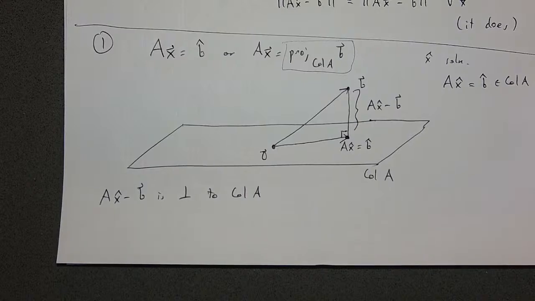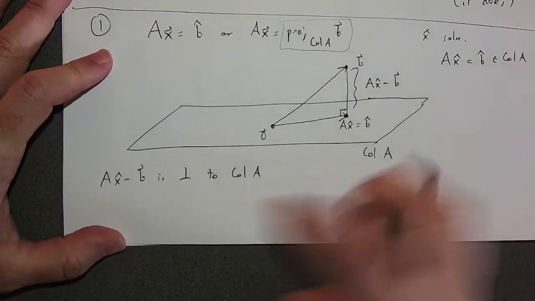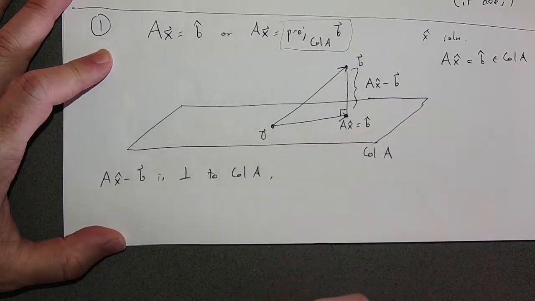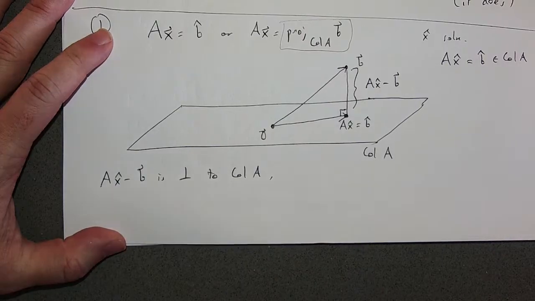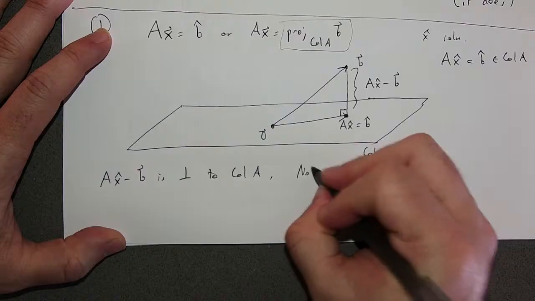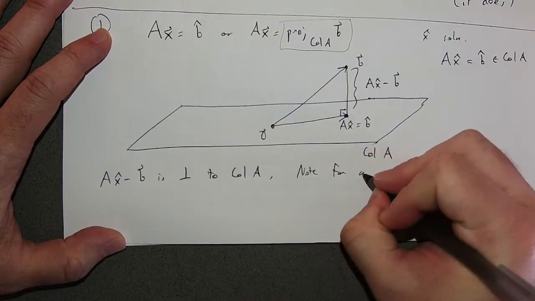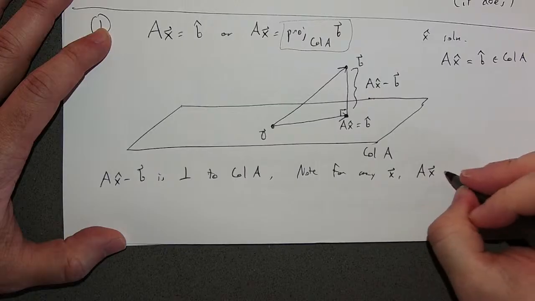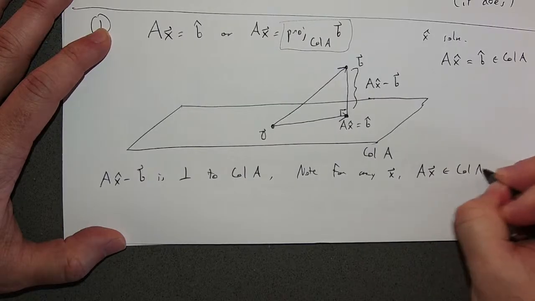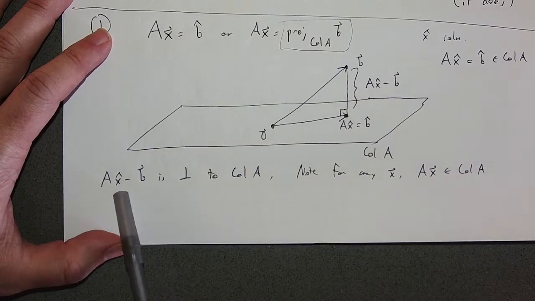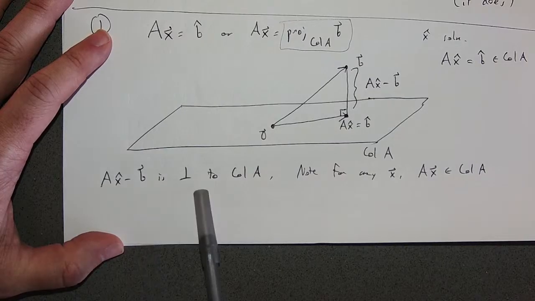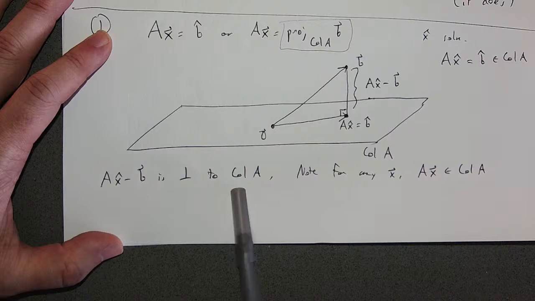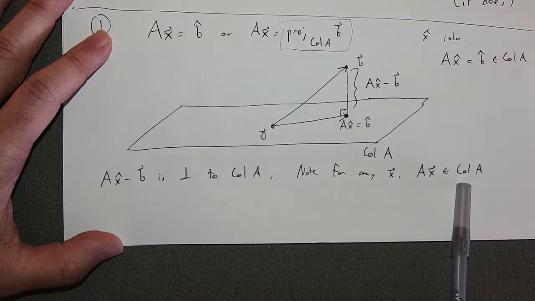And so what does this tell me? Note, for any x, Ax is by definition in the column space of A. So Ax hat minus b is perpendicular to the column space, which means it's perpendicular to any vector in the column space. Ax is in the column space.